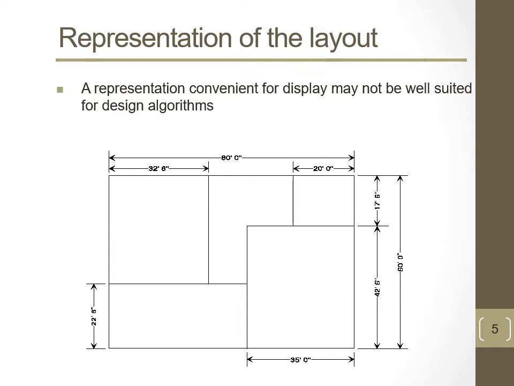But we need to give this representation to the computer so that it can understand where each department starts and stops, and so on. So a representation which is convenient for display for human beings may not be well suited for design algorithms, and we need a method to represent this in computers.